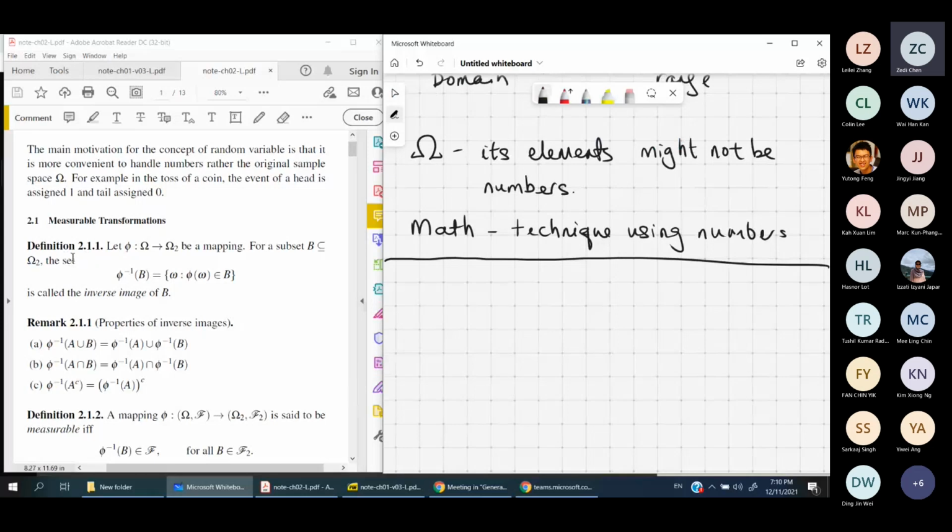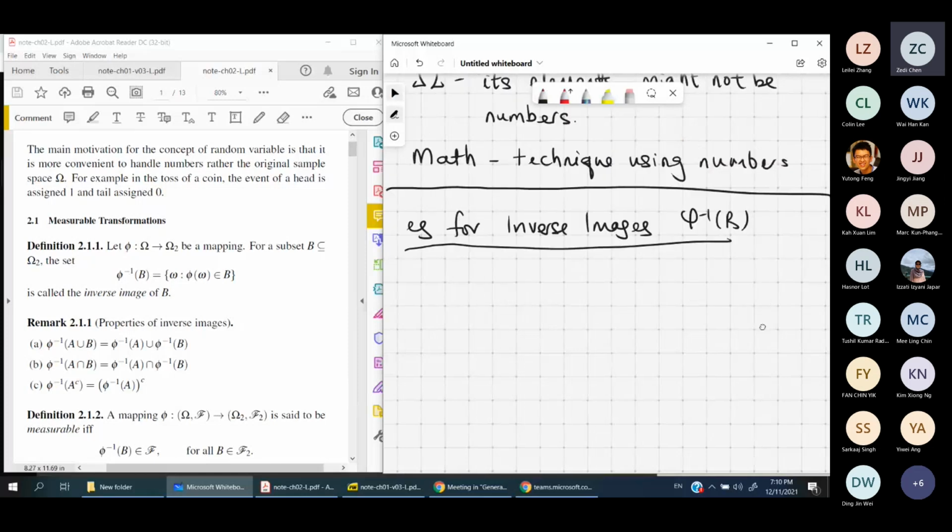I believe you should have seen this kind of concept in calculus. Let me give you an example of an inverse image, a simple one.